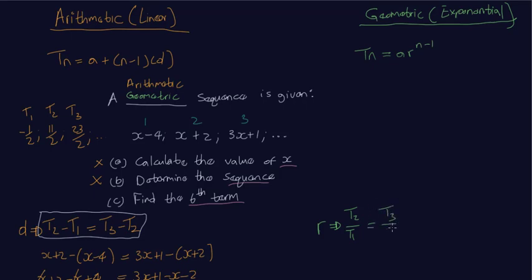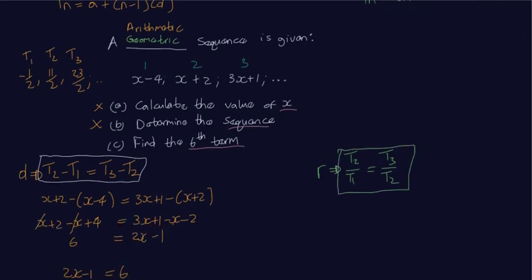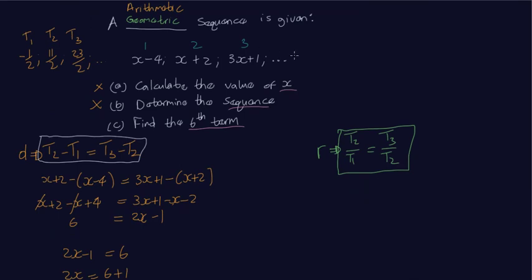And term 3 over term 2 must be equal, to prove our r. So if it is geometric, then this must be true. So now substitute: term 2 is x plus 2 over term 1, that's x minus 4, is equal to term 3, which is 3x plus 1 over x plus 2.